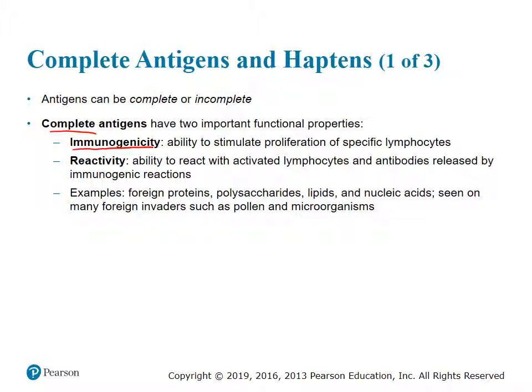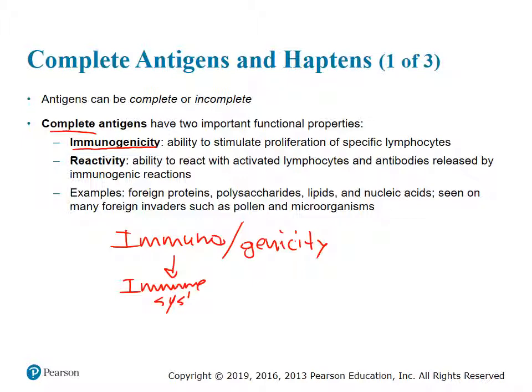We talk about immunogenicity. The word immunogenicity comes from two words meaning immune system, and genicity comes from the word meaning genesis, which means to start or beginning.